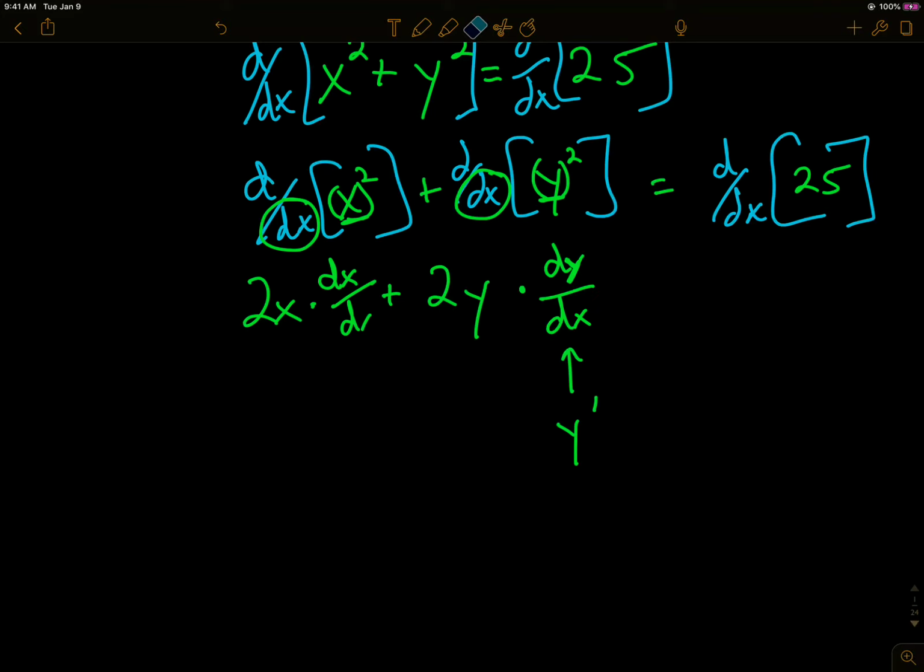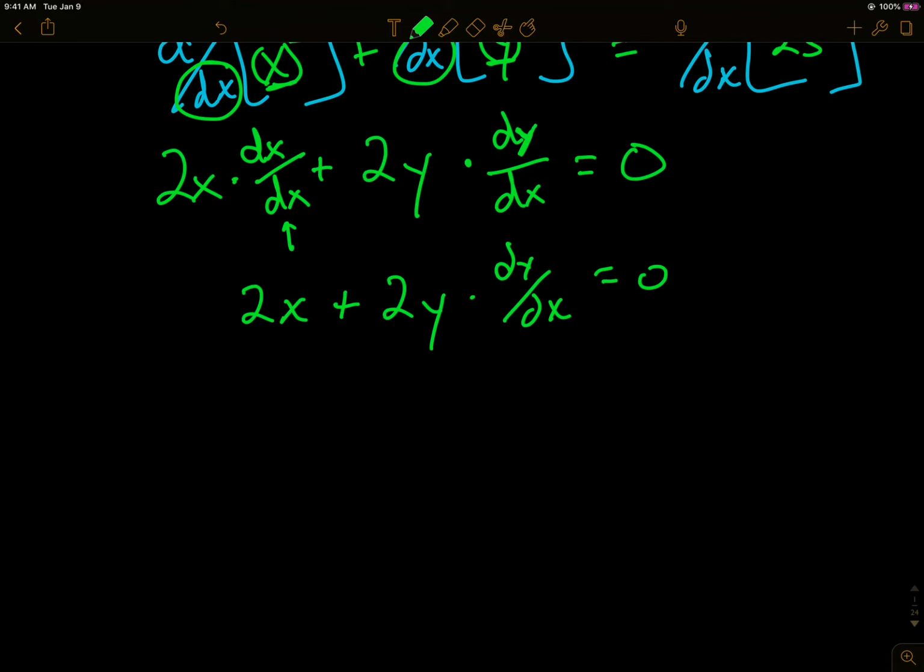Get rid of all this stuff. All right. Now, the derivative of a constant is 0. I don't have to show the dx when I take the derivative of an x with respect to x, because that's just 1. So it's going to be 2x plus 2y times dy dx equals 0.